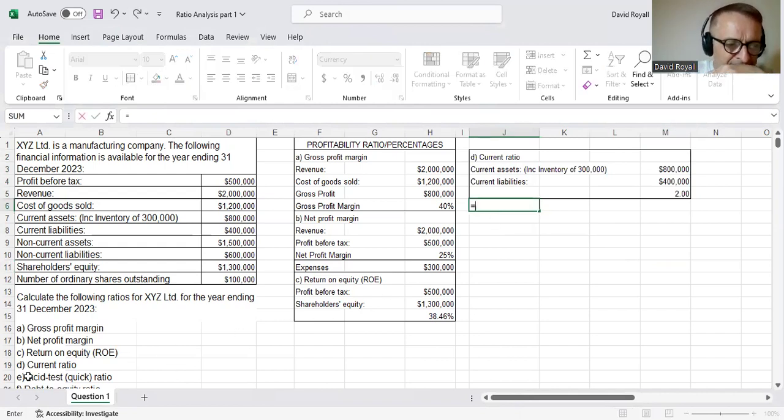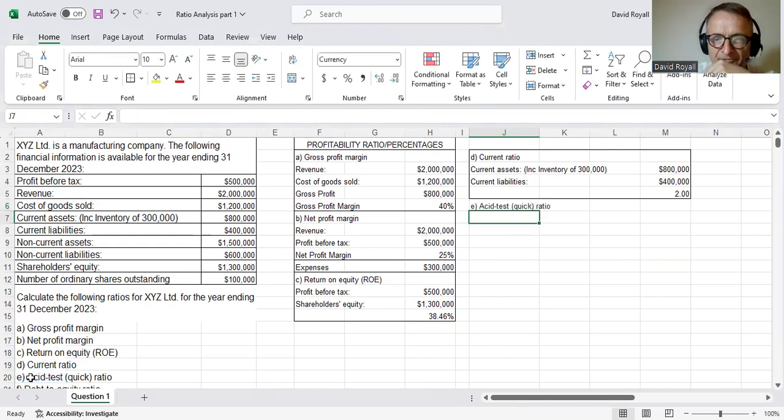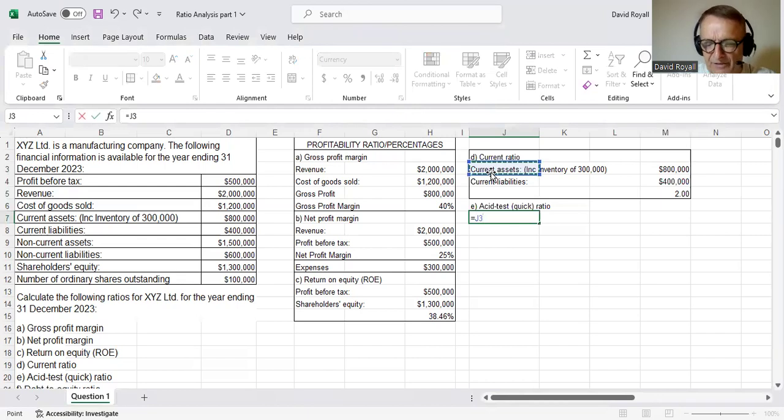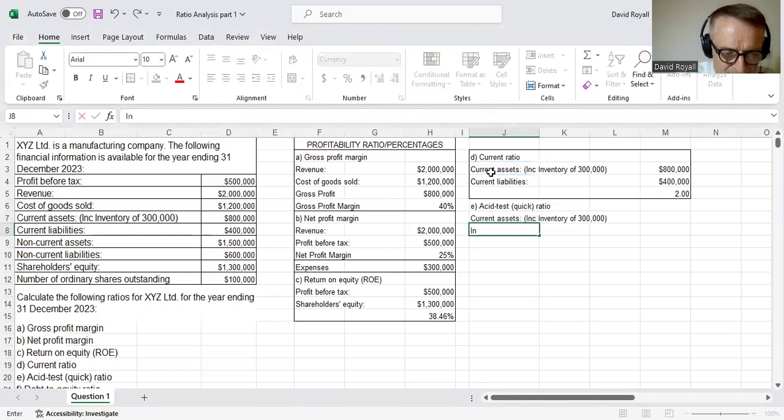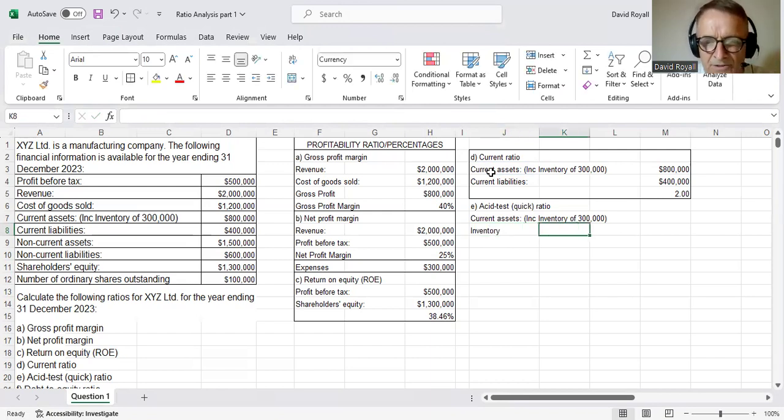Okay, but what is this thing here? It's very, very similar. Very similar indeed. The difference is we don't include the stock as a liquid asset. So what we do is we take that figure by all means and remove the inventory or stock. I keep calling it stock. We are talking inventory. So what I'm going to do is take that figure away.